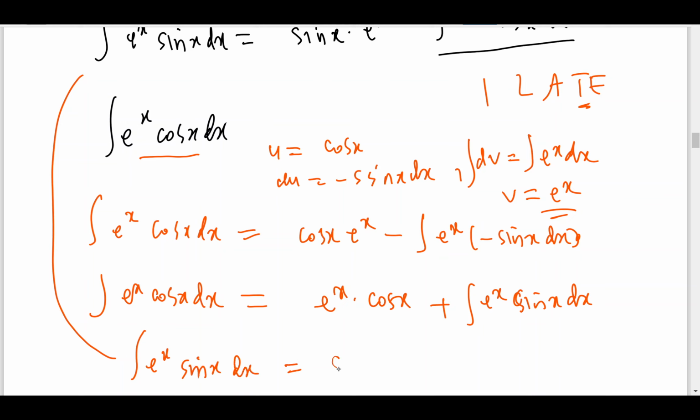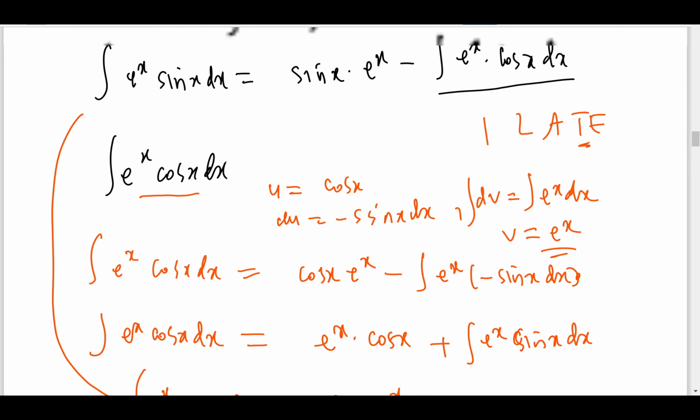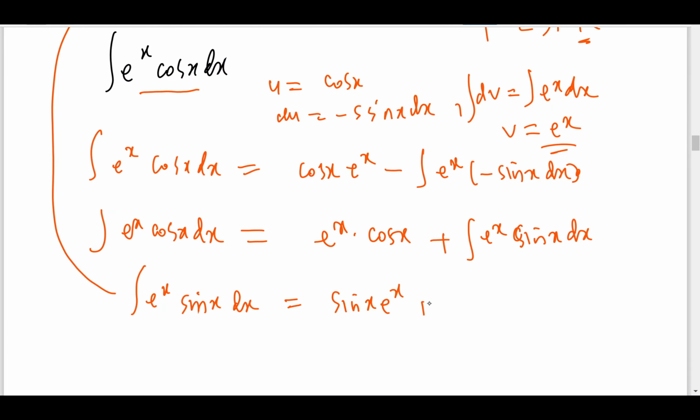So eventually, the integral of e^x sine x dx equals sine x e^x minus, sorry, so minus this expression here, which is e^x cosine x minus again the integral of e^x sine x dx.